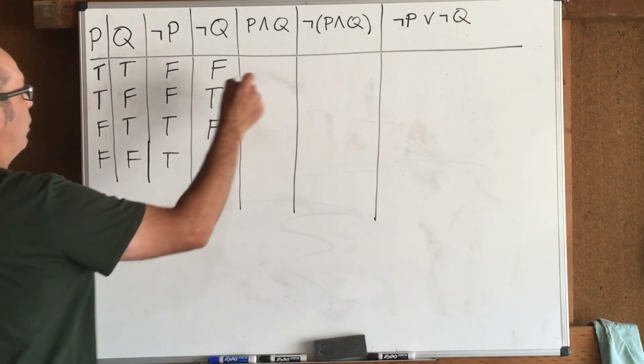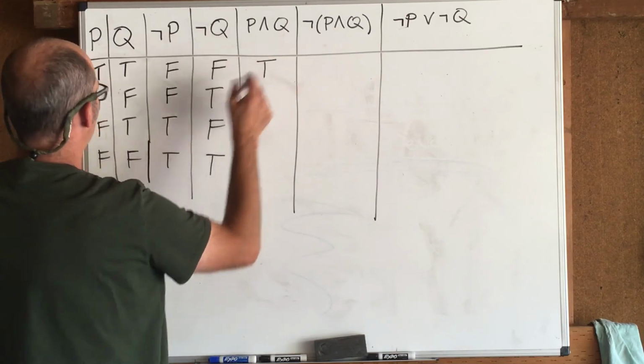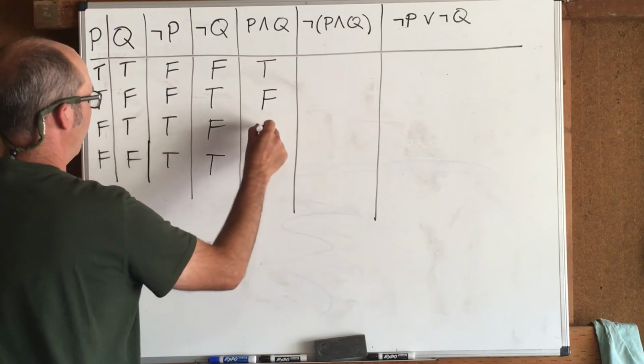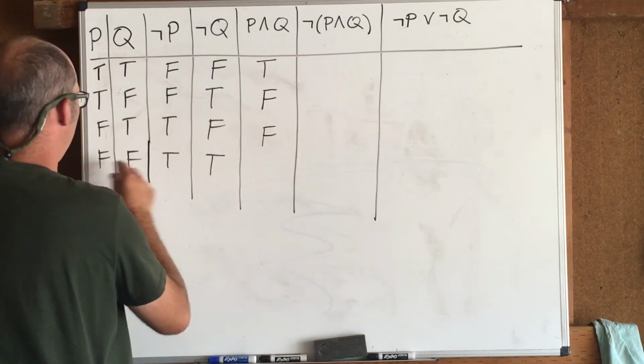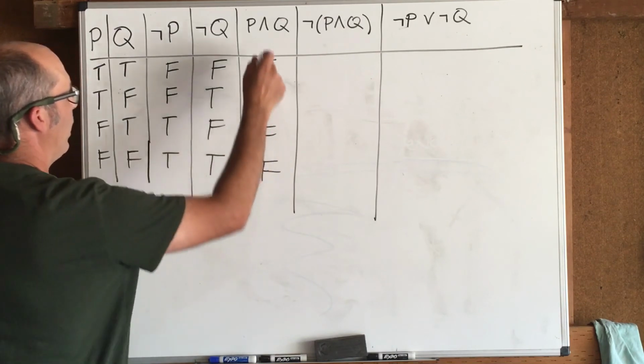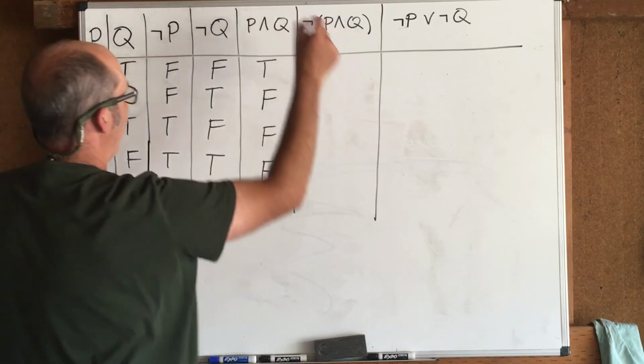So true and true is true, true and false is false, false and true is false, false and false is false.